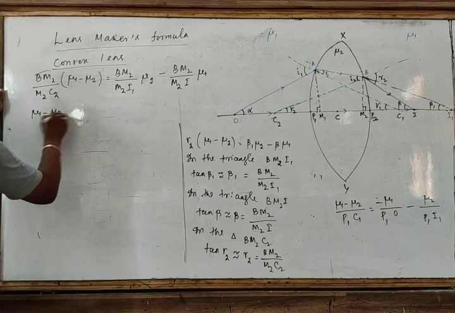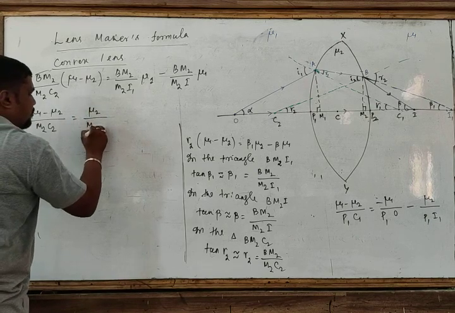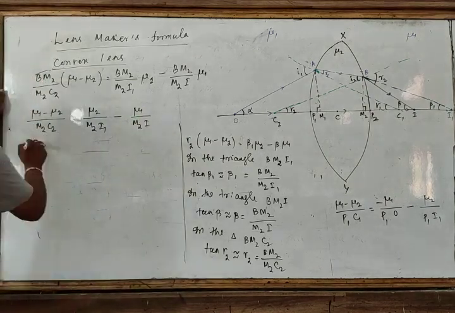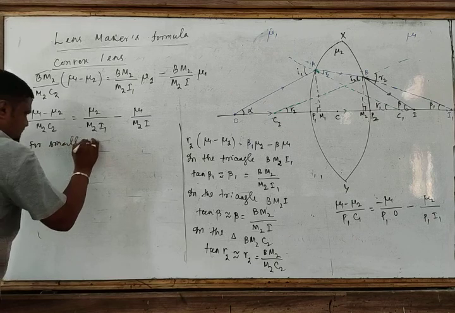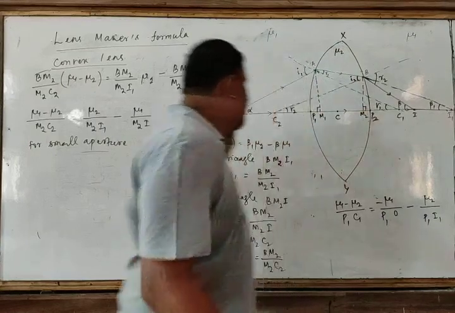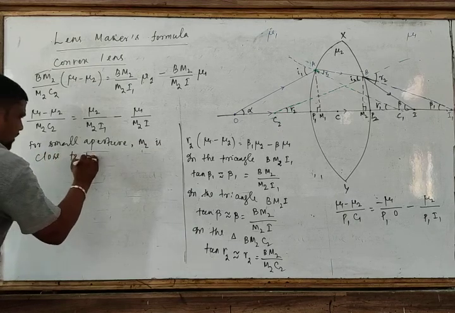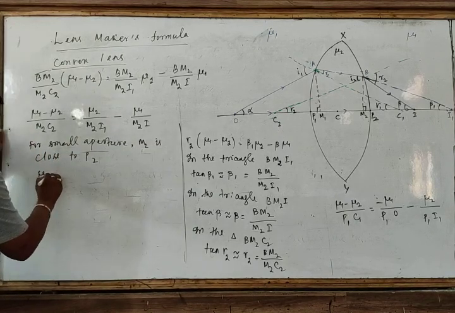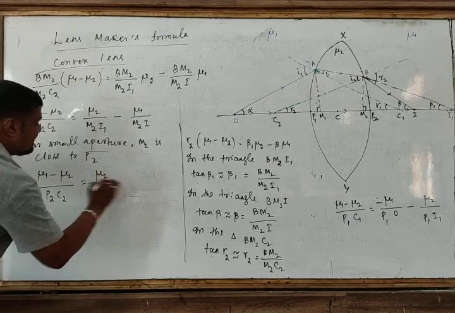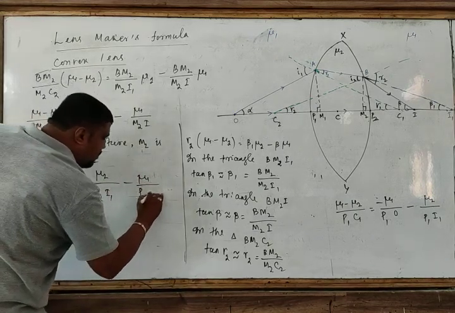Mu 1 minus mu 2 by M2 C2 is equal to mu 2 divided by M2 I1 minus mu 1 by M2 I. For small aperture of X P2 Y, M2 is close to P2. So replace M2 by P2.